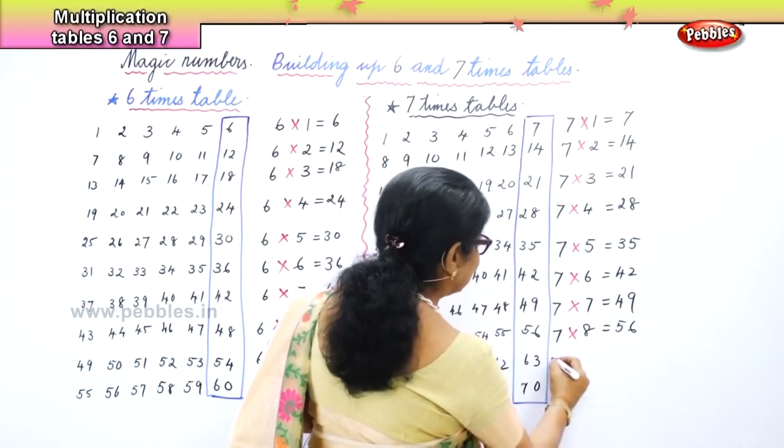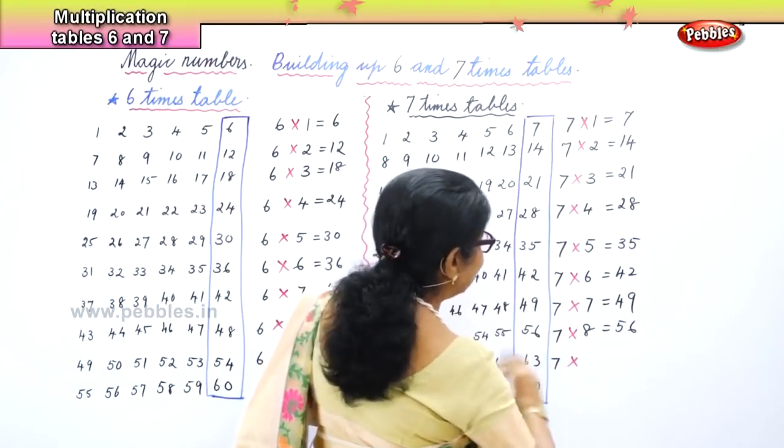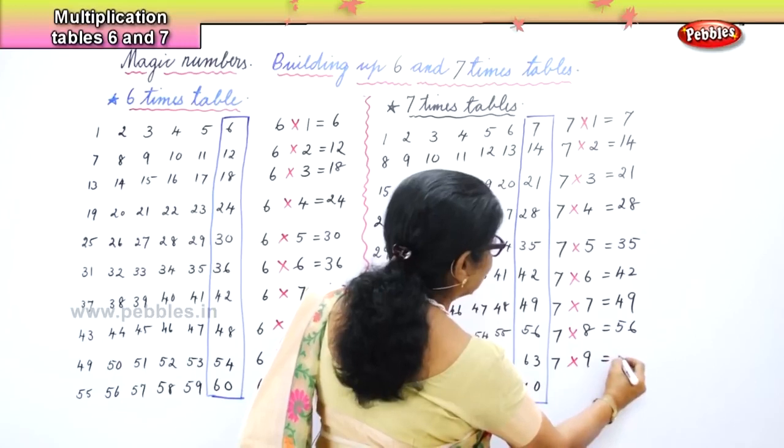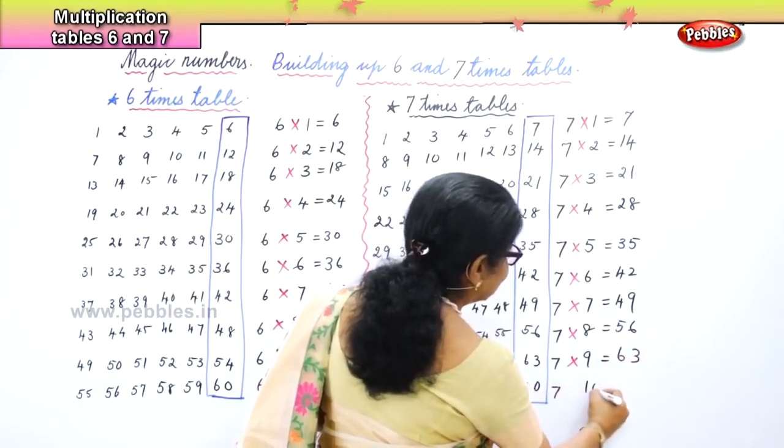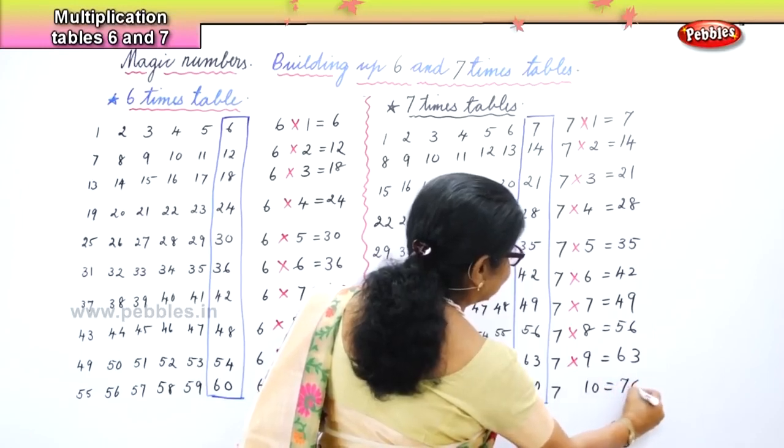And then 7 nines are 63. And finally 7 tens are 70.